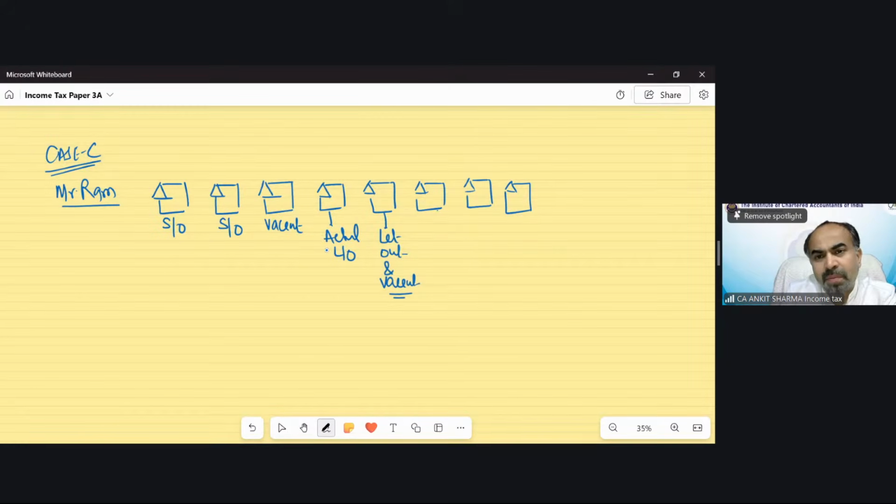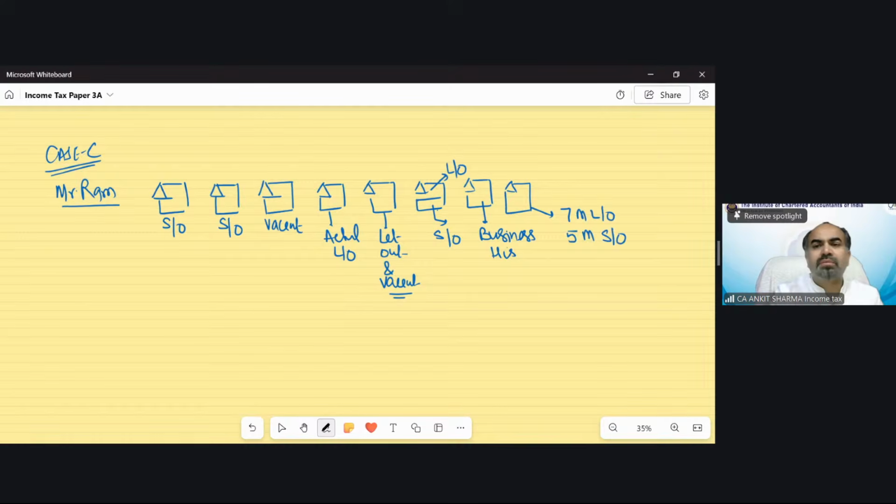This house, ground floor self-occupied, first floor let out. This is used for his business. He is using this house for his personal business. And suppose this is 7 months let out and 5 months self-occupied. So you have multiple houses.